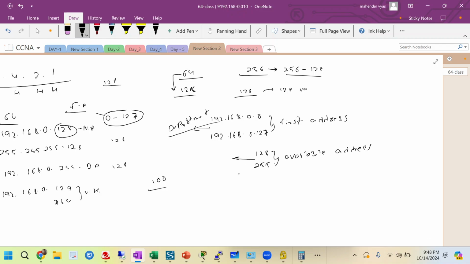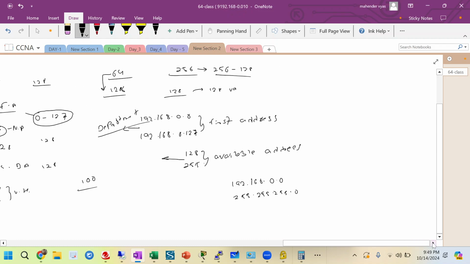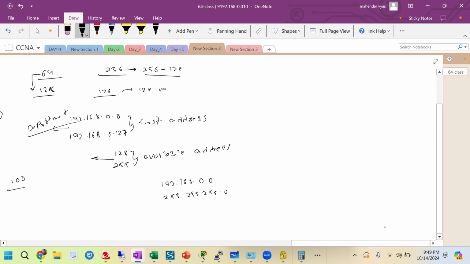Correct? So now see, there was one address 192.168.0.0. The subnet mask was 255.255.255.0. This was our default subnet, but we don't want to use this. If you don't do subnetting, this was the only subnet you need to use for one department.